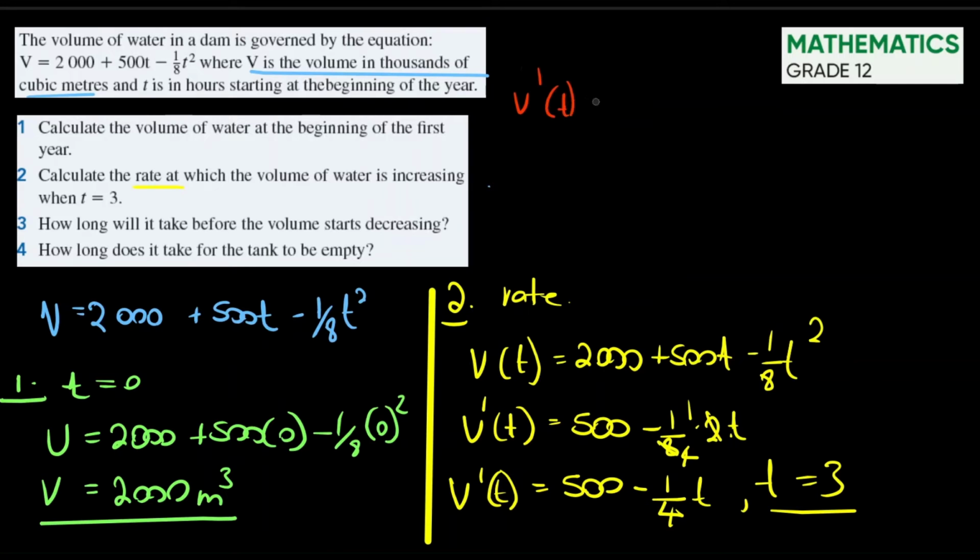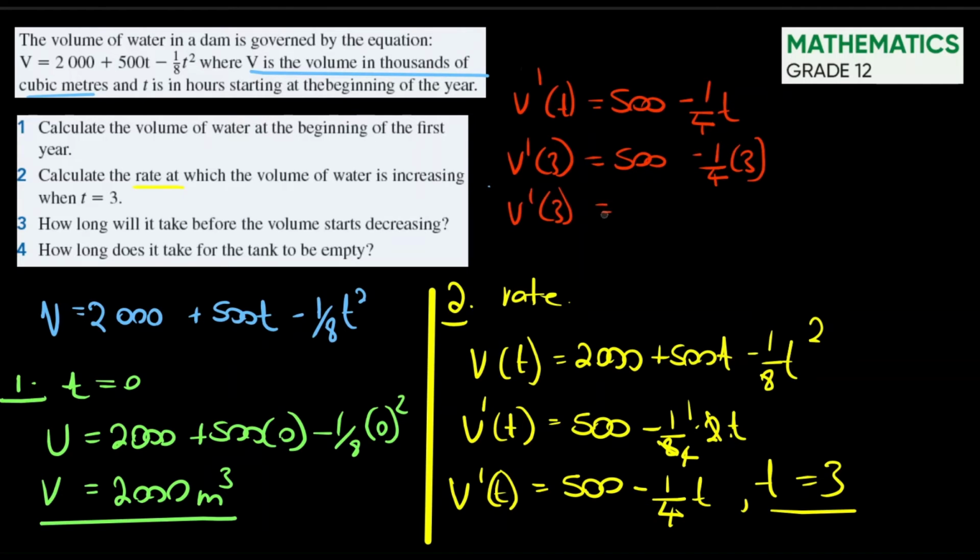Let's go ahead and do that. Our rate is given by 500 minus 1/4 t. We're substituting 3 where there's t, which means it will be 500 minus 1/4 times 3. So if you punch that into the calculator, you'll see that we're going to get 499.25.